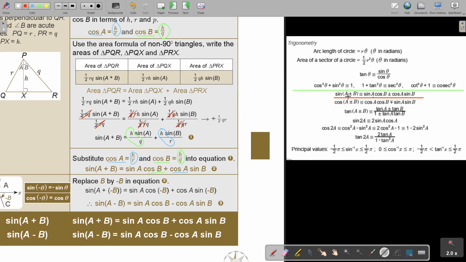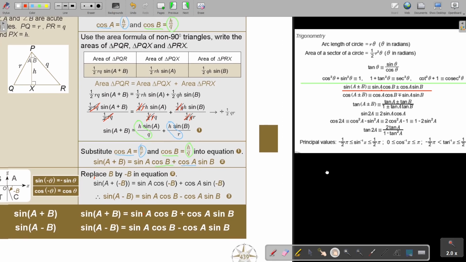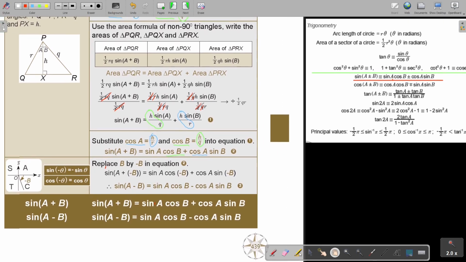Now, how do you get the negative option? What you do is you substitute B, so this is the positive option, remember. But then you substitute B with negative B in equation 2. Okay, so every time you see B, you substitute negative B. Now, in this case, and look here, I'm going to move it a little bit.